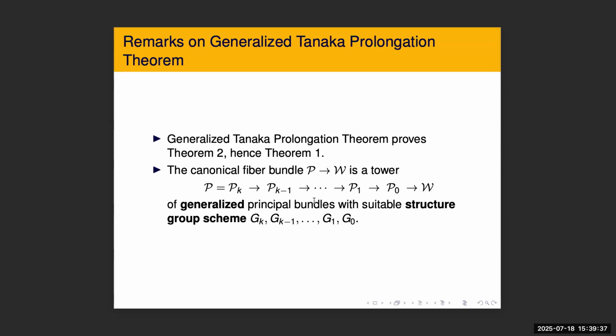In the Tanaka situation, because of the isotrivial symbols, you can obtain a tower of principal bundles. But in our case, the structure group cannot be constant. The structure group changes from point to point. So basically, you have some group scheme, and then you consider a principal homogeneous space of the group scheme. That is the main technical difference.